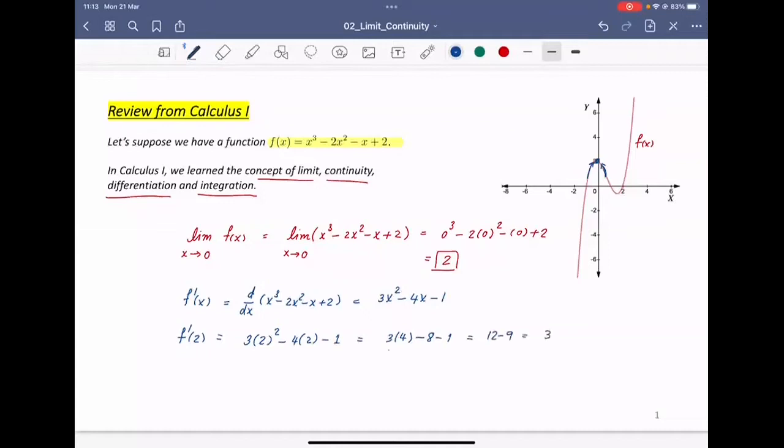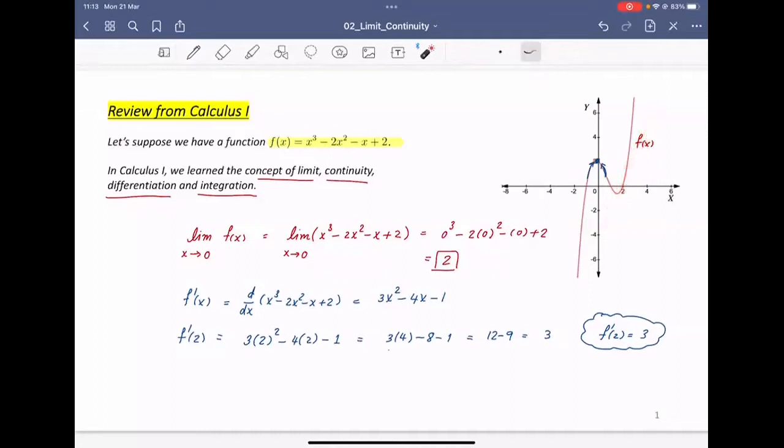So what does it mean that f prime of 2 is equal to 3? If you remember in Calculus 1, the first derivative means the slope of the tangent line. So f prime of 2 equal to 3 means at the point x equal to 2 here, where I put the laser, if you draw a tangent line, you draw a line that just touches the curve.